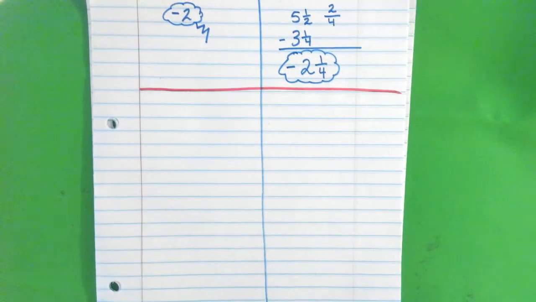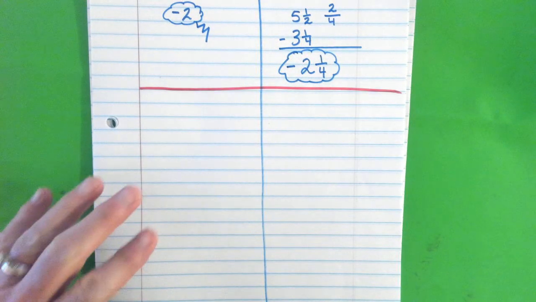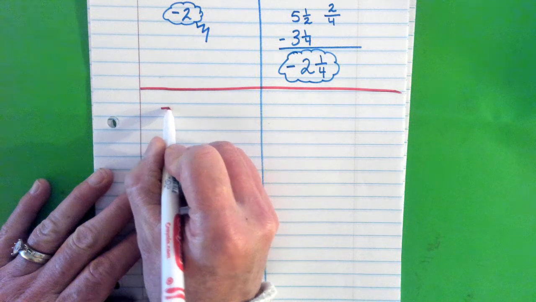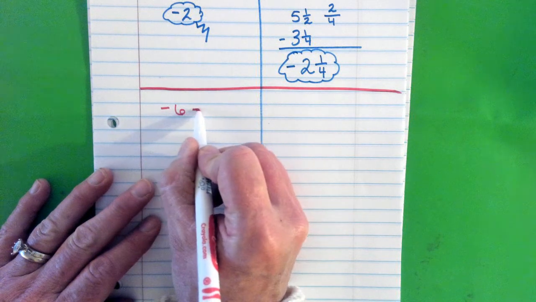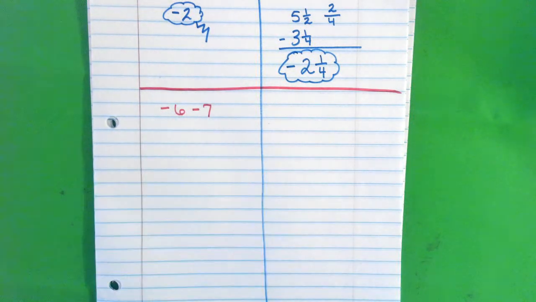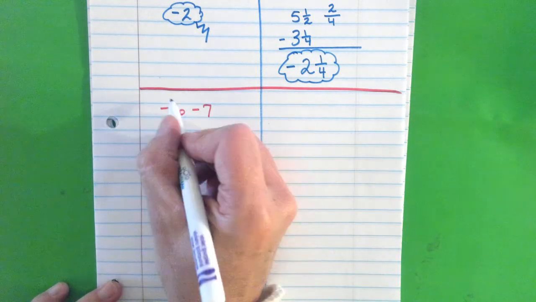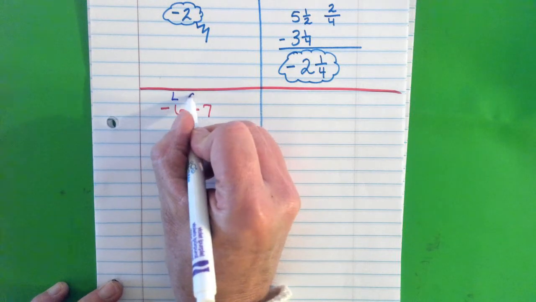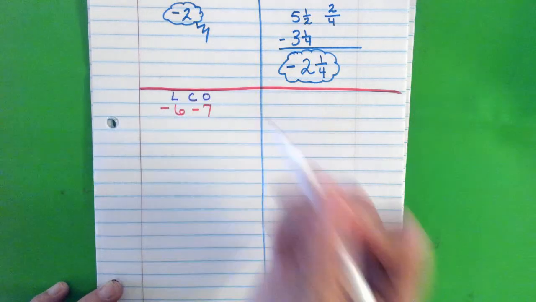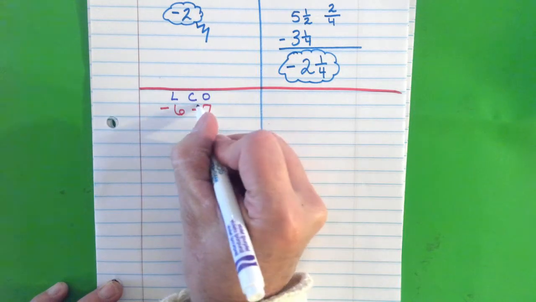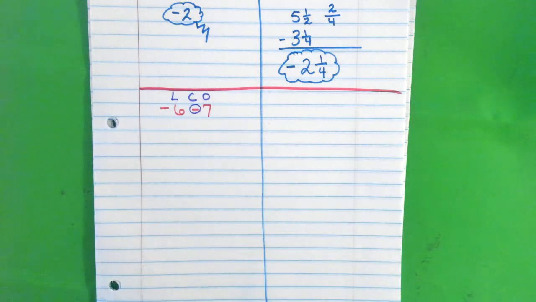Okay, so that was addition. Now we're going to do subtraction. -6 take away 7. What should I do when I'm subtracting here? LCO, good. So, purple. I'm going to switch colors to show you what I'm doing. I'm going to do a leave it, change it, opposite, and I'm going to circle the subtraction that I'm changing.